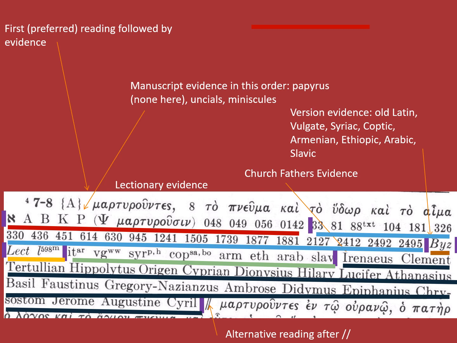After that, with the light green underline, comes the evidence from different versions. These would be early translations from the Greek. IT, you'd find from the introduction, stands for Old Latin manuscripts.